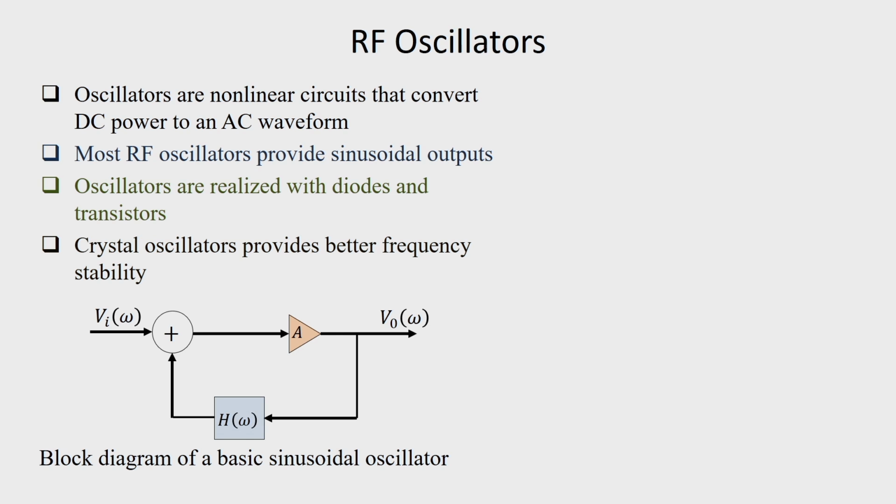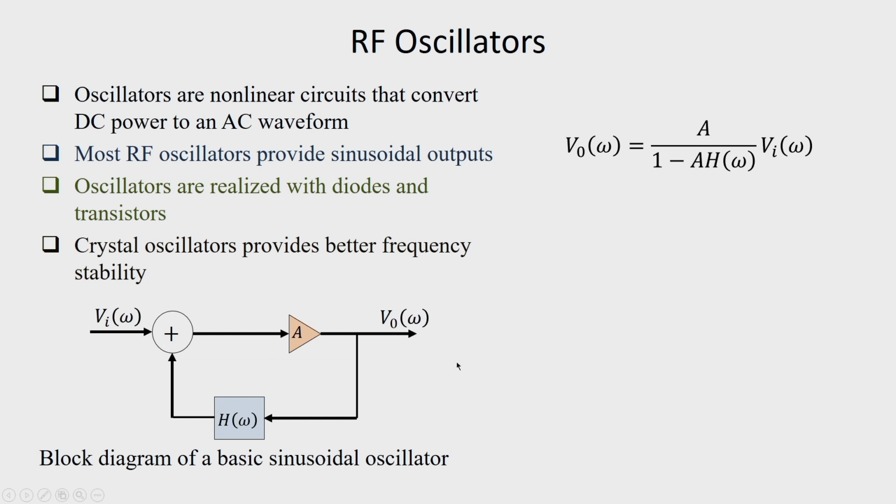The figure shows the basic block diagram of a sinusoidal oscillator. Here we can see that V output is multiplied by H omega, the gain of the feedback path, and then it is added to V I. Now, this is a positive feedback circuit.